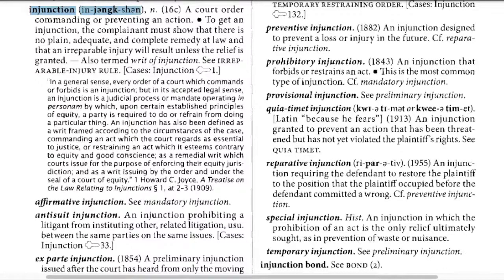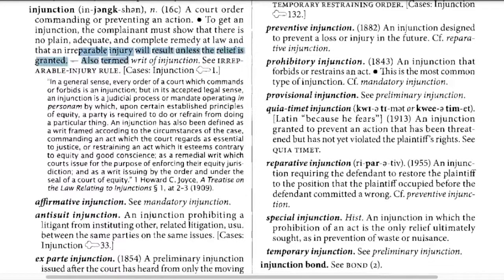Injunction, 16th century noun: a court order commanding or preventing an action. To get an injunction, the complainant must show that there is no plain, adequate, and complete remedy at law, and that an irreparable injury will result unless the relief is granted.